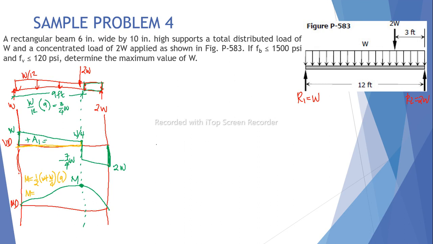That is 5.625 W, in pound-feet. So this is our maximum moment.